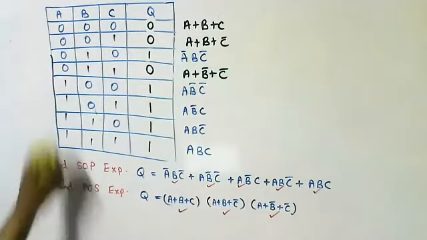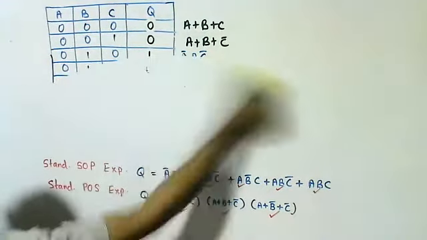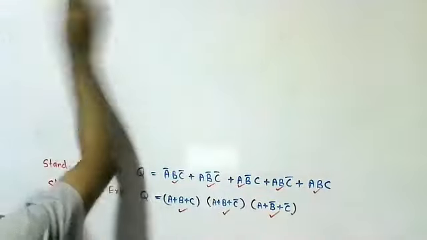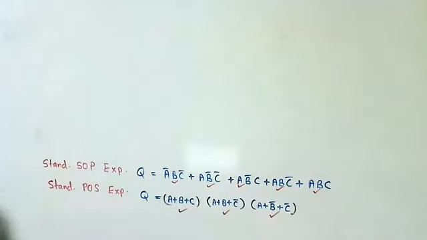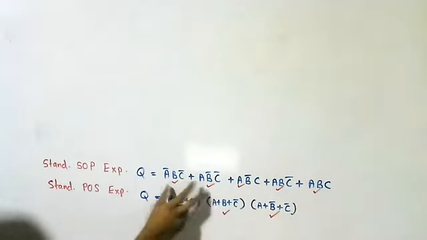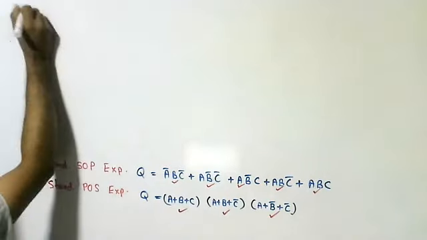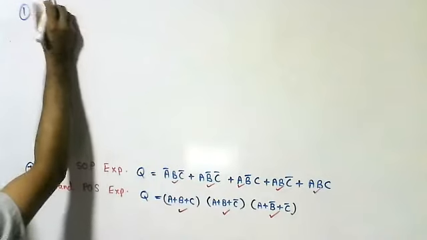So now we do not need this. We need this, okay? Right. So yes, I'm taking this. Not this. I'll give this one to you, okay? Let me know the first SOP expression we took.